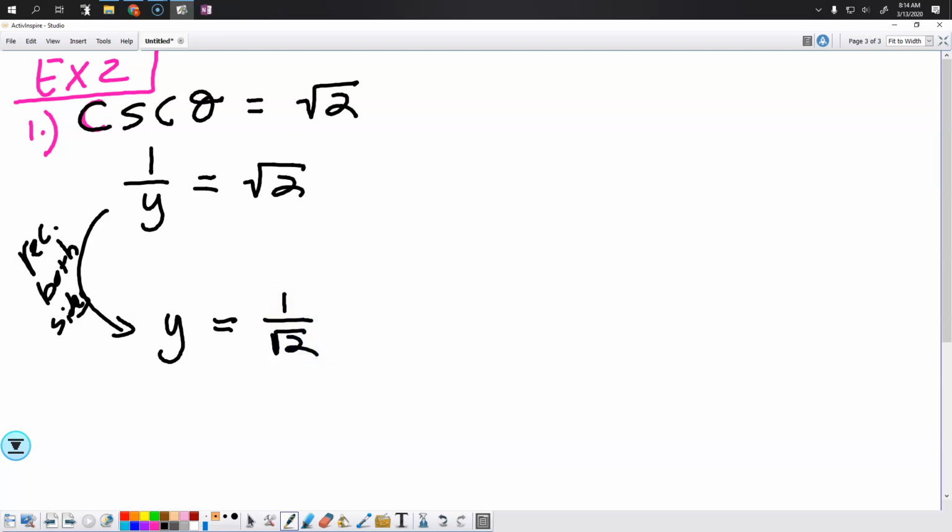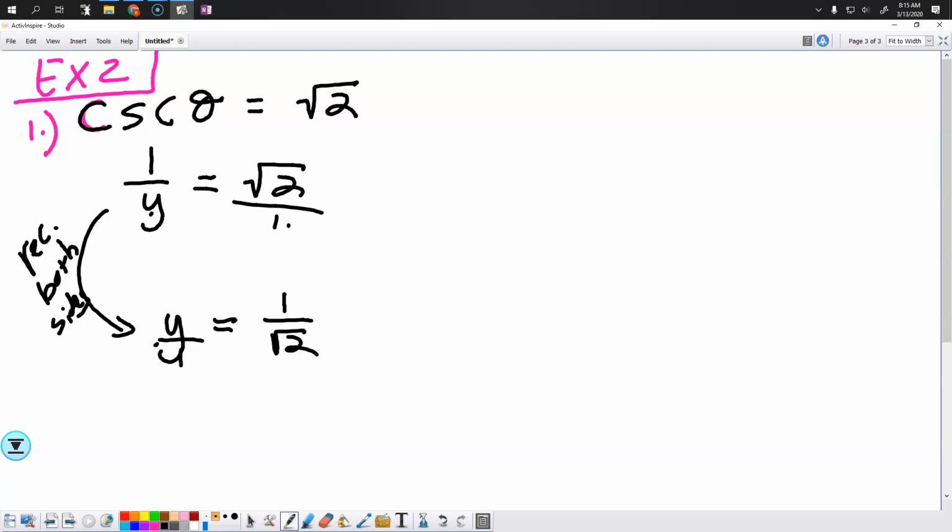It's just this, right? If we flip that over, because this is over 1, you get that. Whatever you do to one side of the equation, you have to do the other. So if I flip this side over, I've got to flip the other side over also. Otherwise, it's not the same anymore.